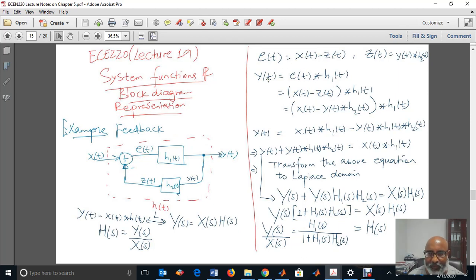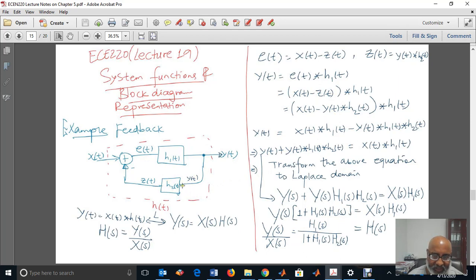And what is y of t in terms of the error signal? Y of t is e of t convolved with h1 of t. H1 of t is system 1, so the output of system 1 is y of t. But what is e of t? It is x of t minus z of t, and everything is convolved with h1 of t. What is z of t? Z of t is the output of the second system.